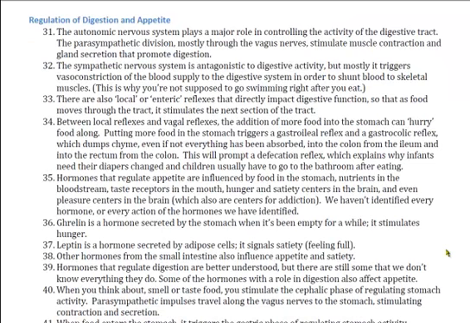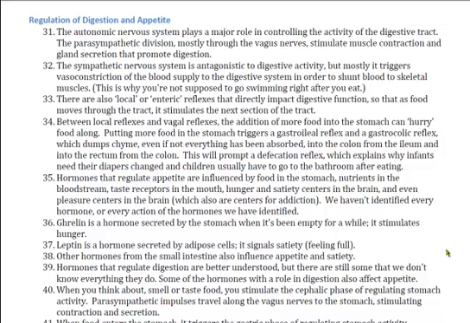Okay, we're going to talk about regulation of digestion and appetite. We'll start with regulation of digestion. These hormones and nerve reflexes are pretty well understood. So as you learn them, try to separate them into categories. The nerve regulation is through the autonomic nervous system. Remember that the parasympathetic division, whose principal nerves are the vagus nerves, is going to stimulate the stomach and intestine to secrete and to contract, and basically that's going to promote digestive activity.